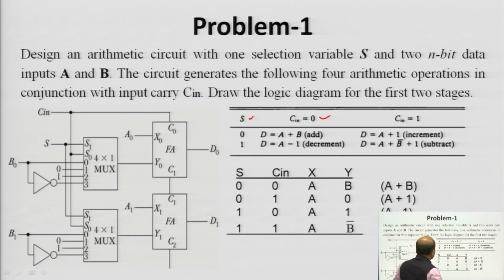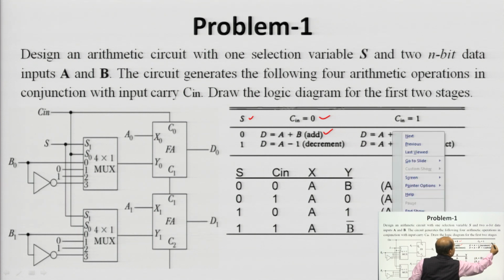So, you can see if we are detailing this particular table in this form. When S equals 0 and C in equals 0, we have to perform the addition of A and B. So, two operands will be added here. When the combination is 0 1, then we will perform A plus 1, that means increment operation.